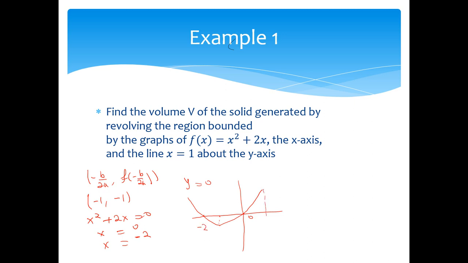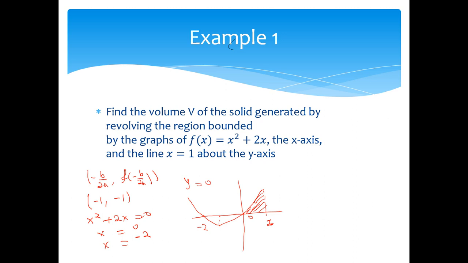And it's bounded on this side by 1. It's bounded between 0 and 1. This is the positive part of this function in the first quadrant. So we're going to revolve it around the y-axis.